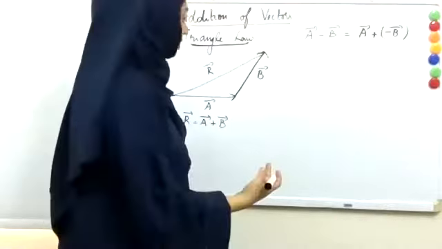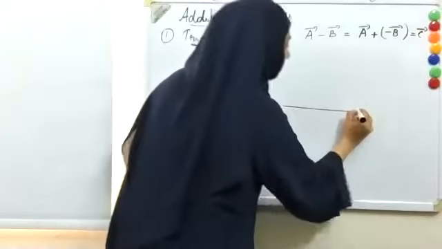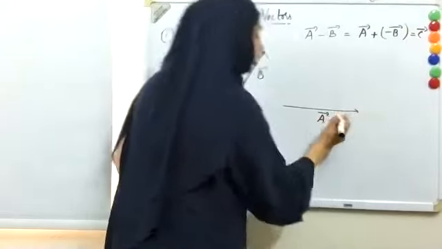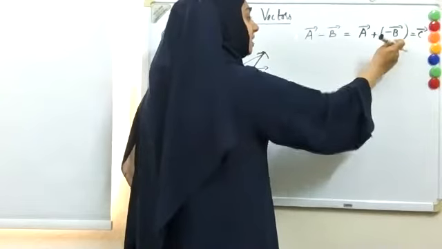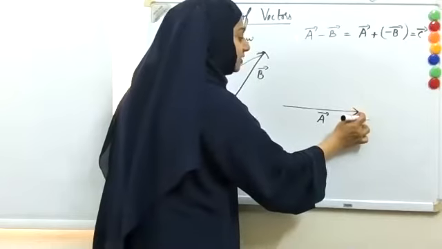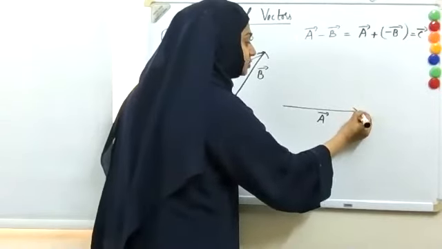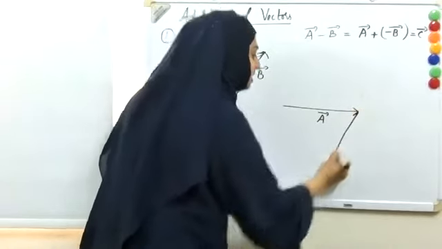Let us see how it will end up. So this is equal to C. Suppose vector C. I have vector A here. Now B is in this direction, right? But I have to take minus B. And I have to keep it at the head of the first vector. So minus B will be of the same magnitude but of opposite direction.